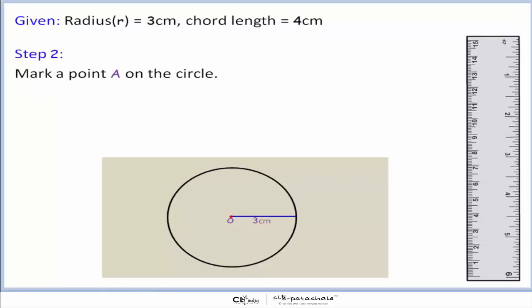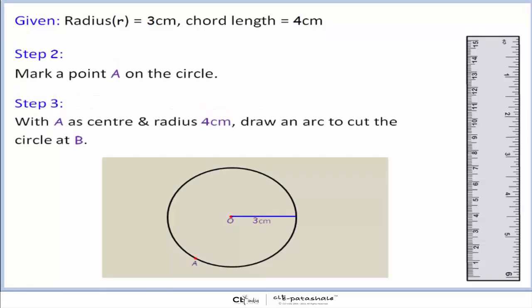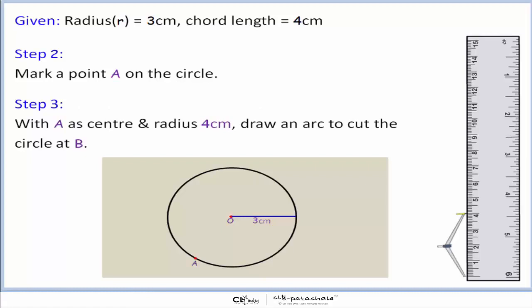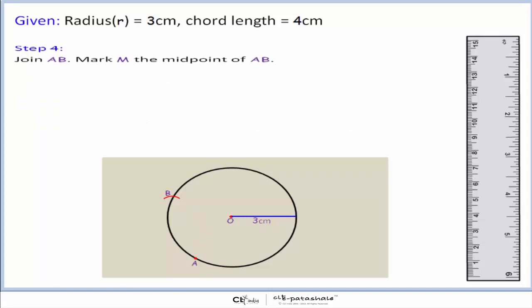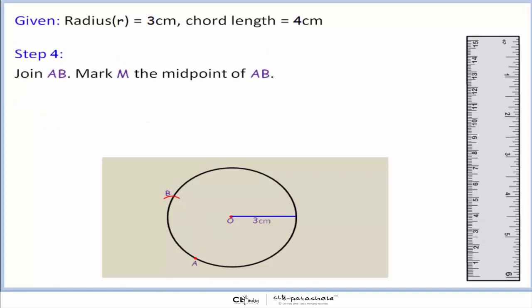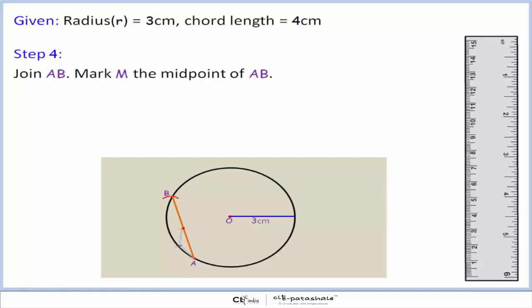Step 2. Mark a point A on the circle. Step 3. With A as center and radius 4 cm, draw an arc to cut the circle at B. Step 4. Join AB. Mark M the midpoint of AB.